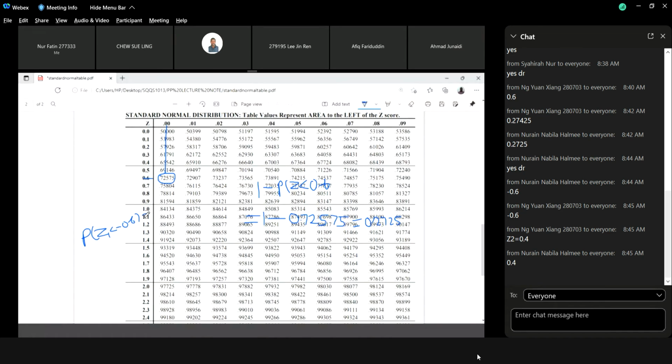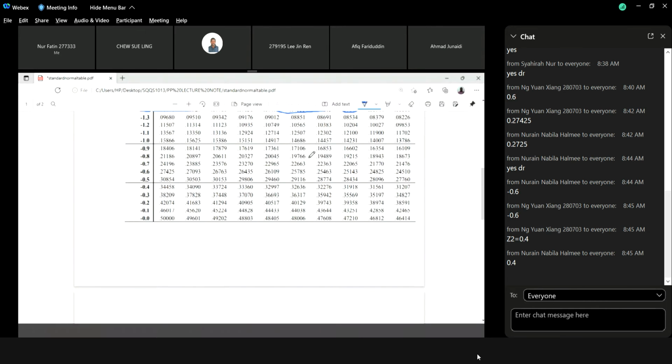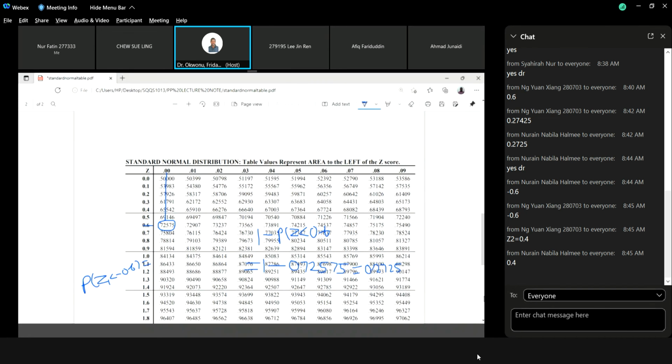So what is the value? Let's go check minus 0.6. Minus 0.6 is 0.2743.